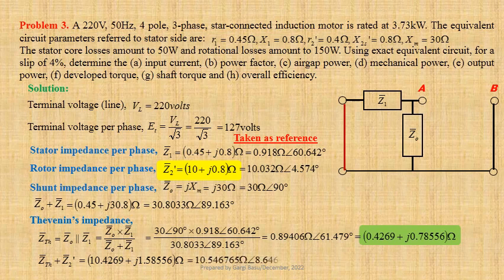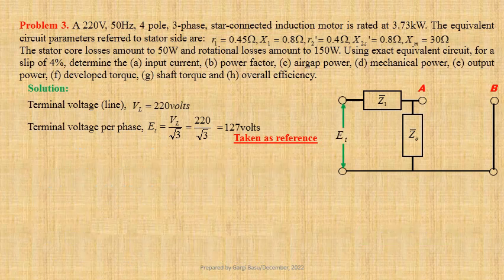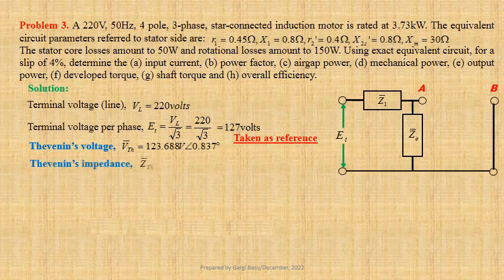10.546765 ohm at an angle 8.6464 degree. We have determined Thevenin's voltage VThevenin equals 123.688 volt at an angle 0.837 degree, and Thevenin's impedance Z Thevenin equals 0.89406 ohm at an angle 61.479 degree.